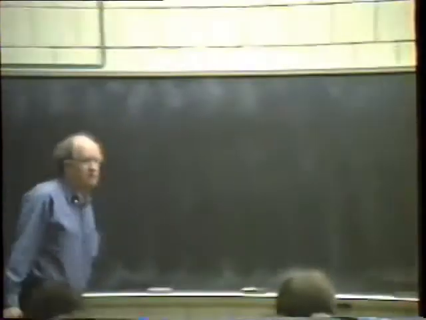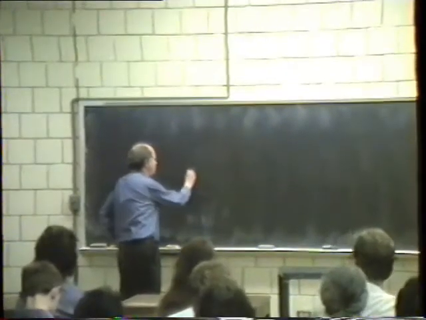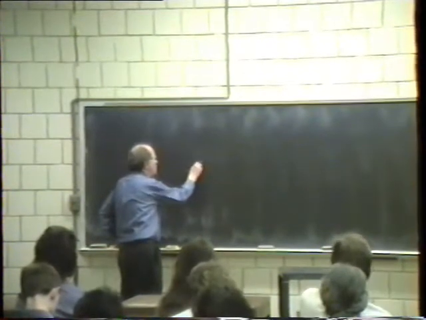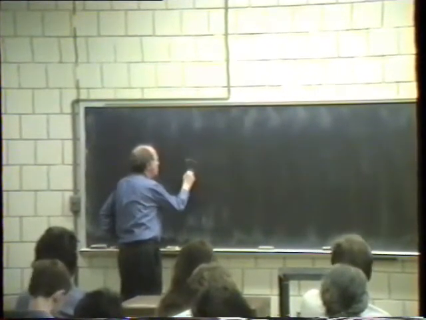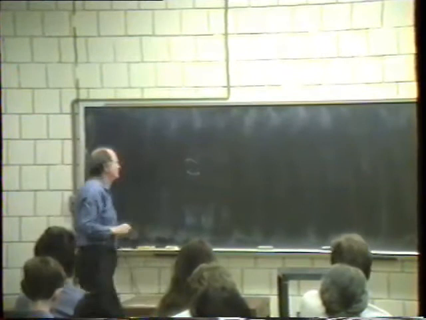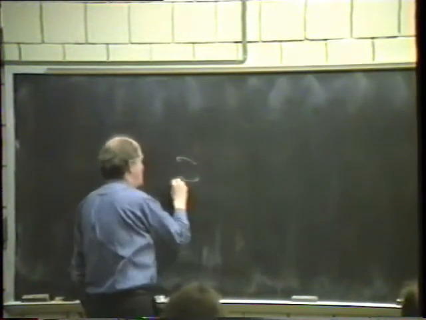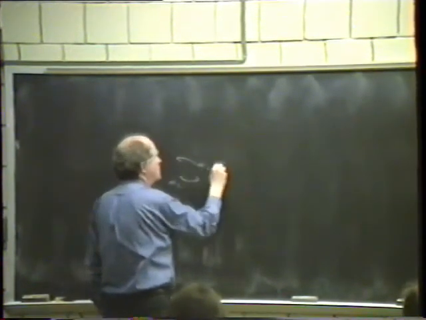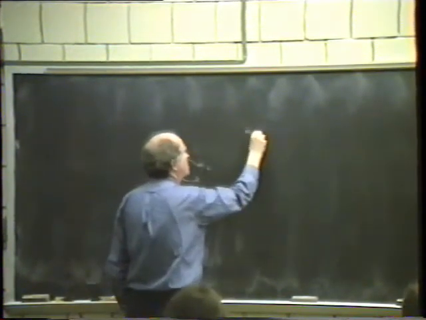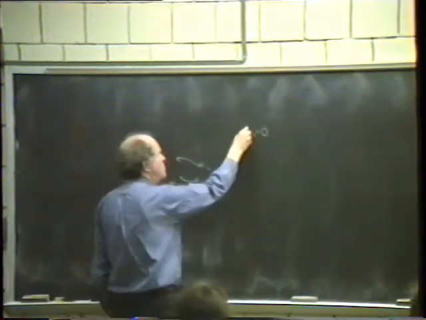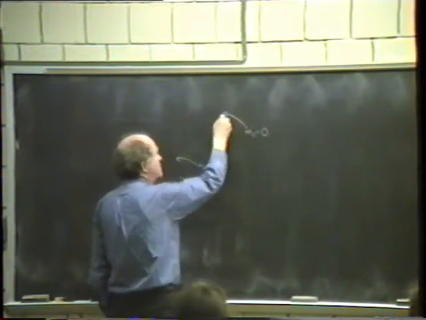Well, the restricted three-body problem is a two-body problem where the two bodies go in circular orbits about each other. So that's simple enough. And then there's a third body, which moves under the influence of the first two bodies.